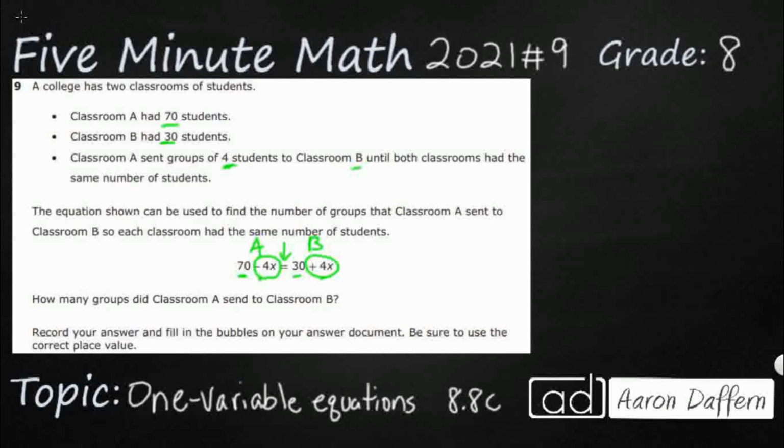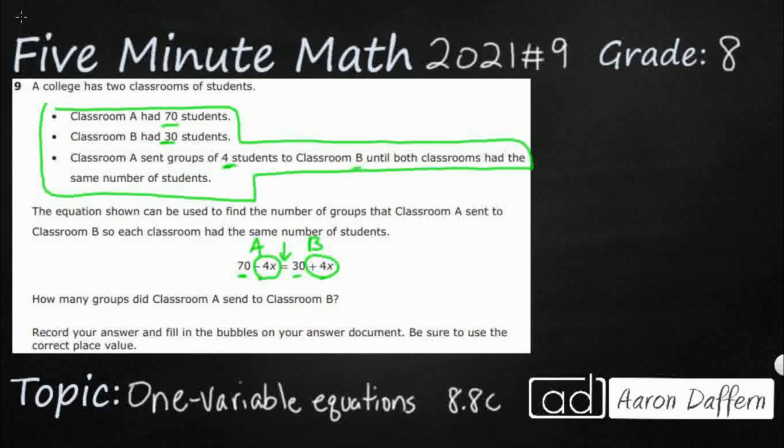And they do all that description right here. Like in typical problems, you might need to use all this to create your own equation, but they go ahead and give it to you right here. So that explains it, but we don't even necessarily need that because all we need is the equation. So how many groups did classroom A send to classroom B?